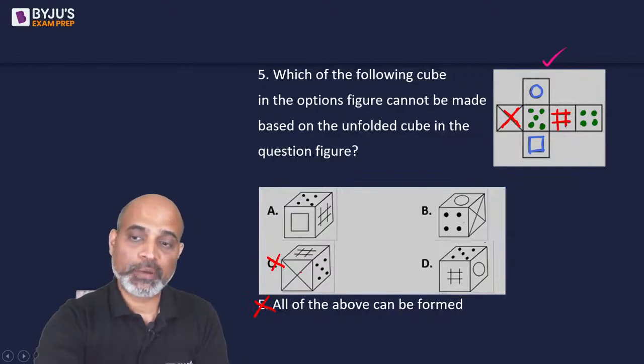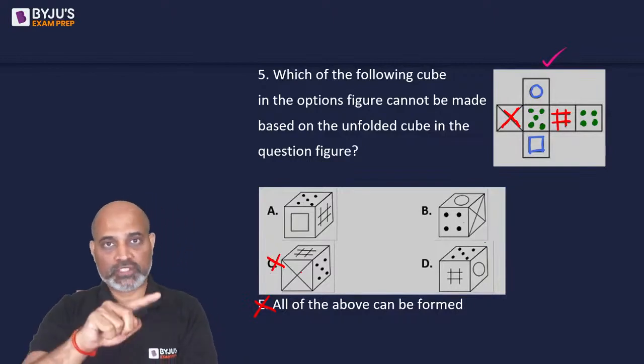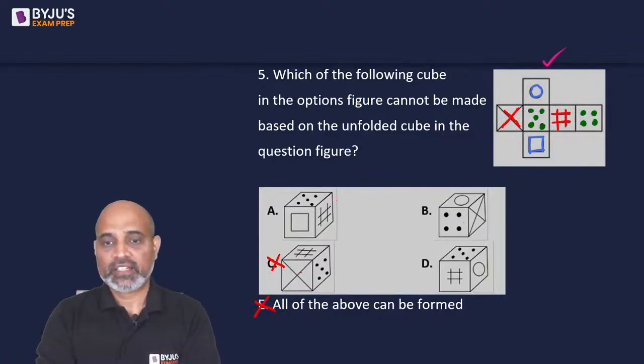For that, if you remember, we have to check the sequence, right? If you look at the first sequence, we have 5, hash and square in the same order. So this is clockwise. So A is possible, right?